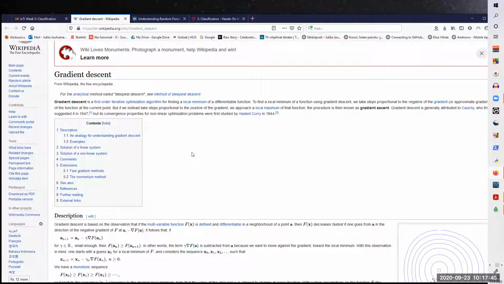The gradient is a derivative in many dimensions. In this case, the algorithm goes in the direction where the gradient is most negative, and that way it tries to find the local minimum of the function.